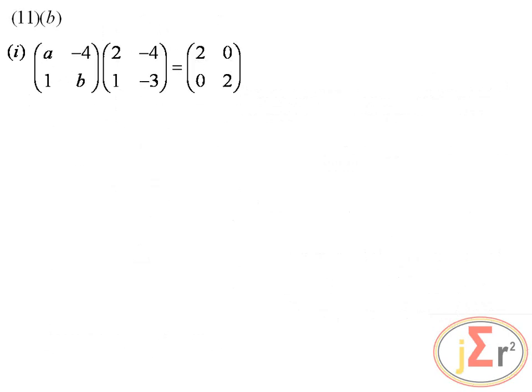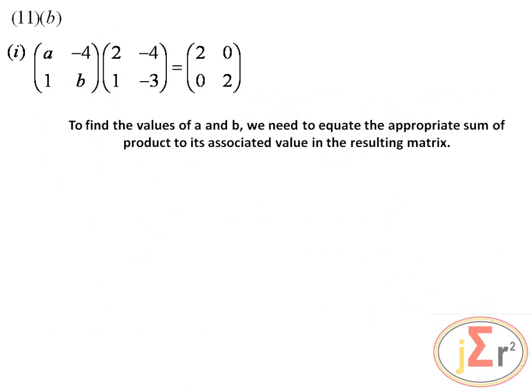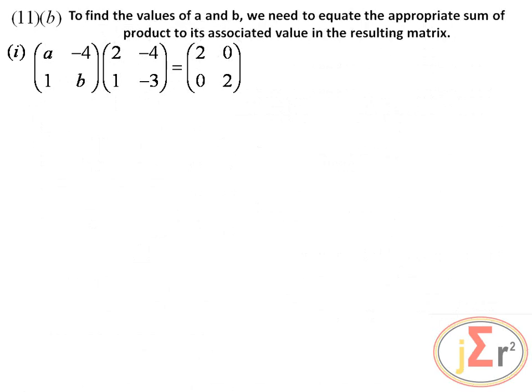There we have a matrix product, and in that product we have two unknowns. To find the values of A and B, of course the two unknowns, we need to equate the appropriate sum of product to its associate value in the resulting matrix, and this is the resulting matrix.